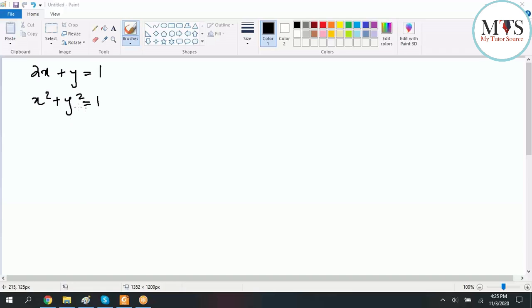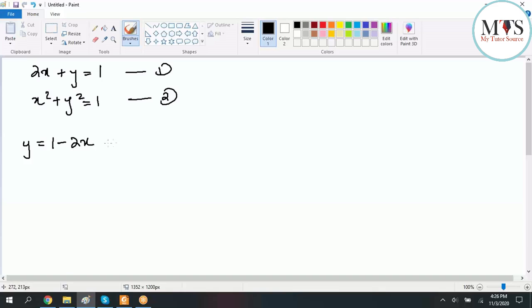Okay. So for substitution, what we do is we choose a variable. We can either choose x or y. So which variable do you want to choose? Y. So from the first equation, we make y the subject and it becomes y equals 1 minus 2x.